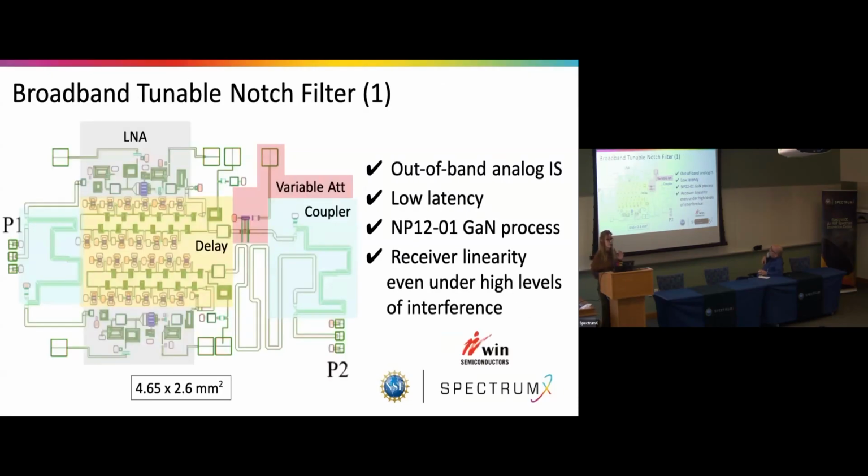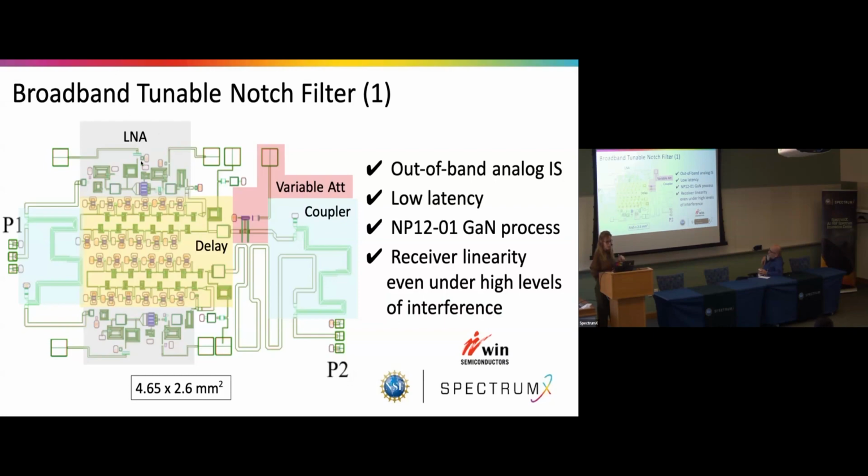Next circuit, it is a tunable notch filter. What does that mean? That means that you can basically place a notch over the frequency, and if you have some source of interference, you can filter that out. So this is basically composed of an input, and then you split it into two paths.